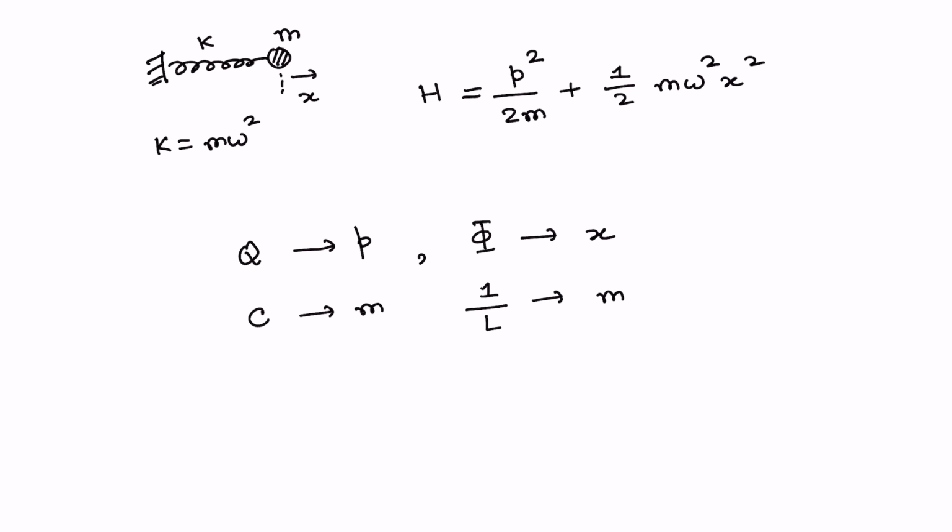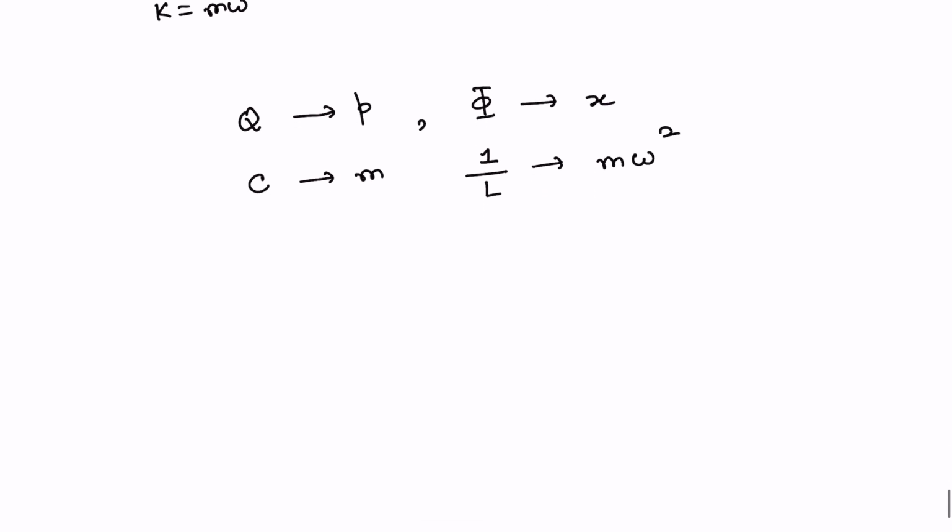Then the Hamiltonian for this classical LC circuit, because the Hamiltonian refers to the energy, would be given by Q square by 2C plus phi square by 2L.